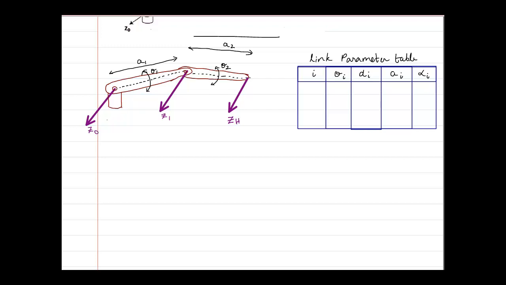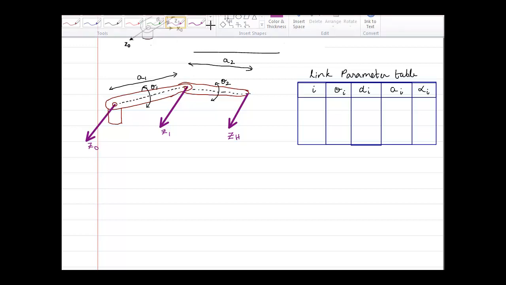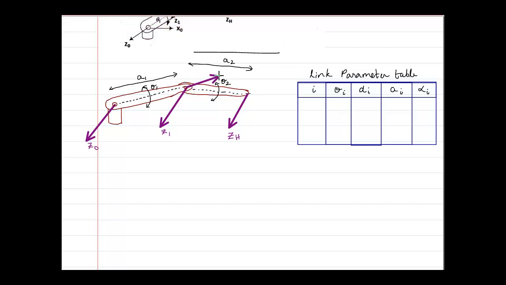Here z1 and z0 are parallel, both coming out of the paper, so I can draw it anywhere. If you look at the diagram, it is drawn in the same direction as the common normal between them. So I am also going to follow the same. This is the direction of the common normal, and that is where we are going to draw our x1.